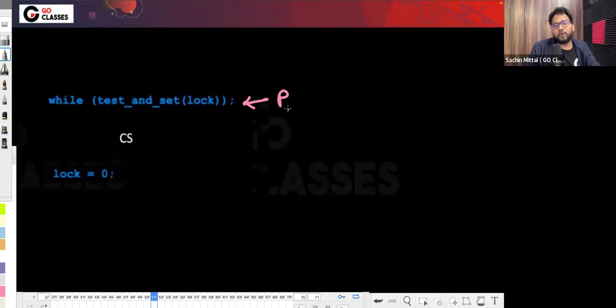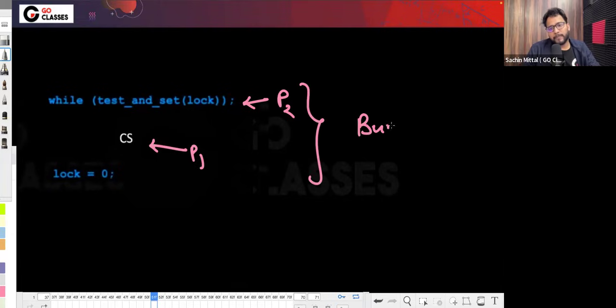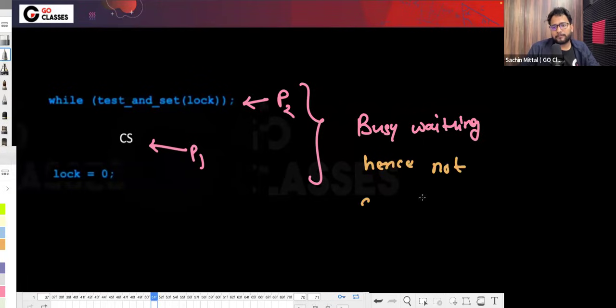One of the processes can be in this while loop, let's suppose P2, and P1 is in the critical section. So because of this busy waiting, it is not a good idea.